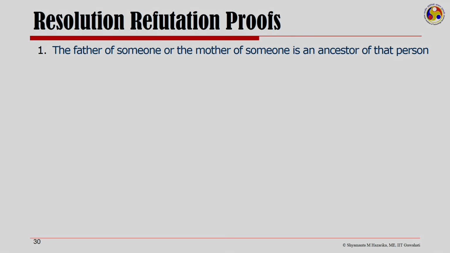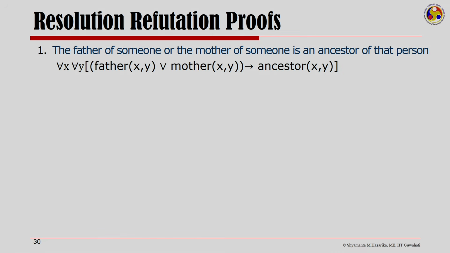The first statement: the father of someone or the mother of someone is an ancestor of that person. Here is the statement which says for all x y, x is the father of y or x is the mother of y would imply that x is an ancestor of y.